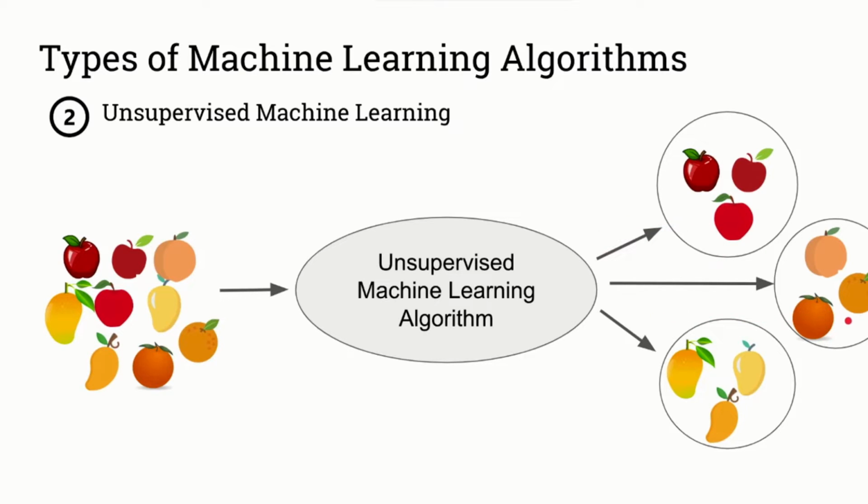All the ones which are orange or have a shape like this are in bucket two, and so on. But note, at this point, it doesn't know that these are apples or these are oranges. We haven't told our unsupervised machine learning algorithm anything as such over here.